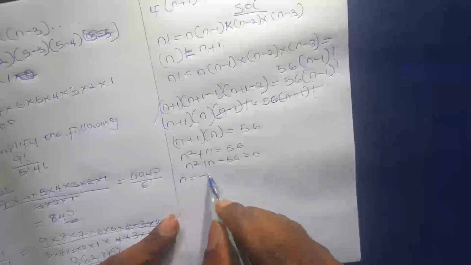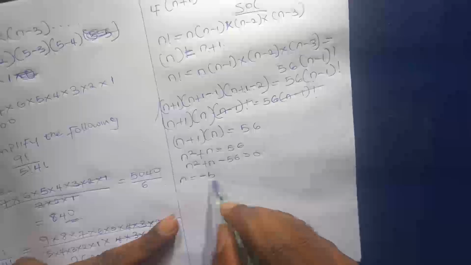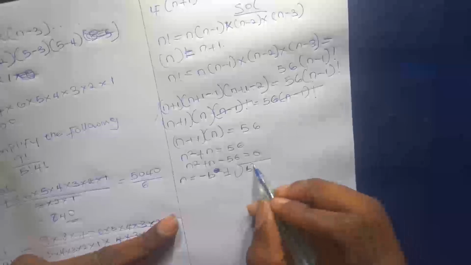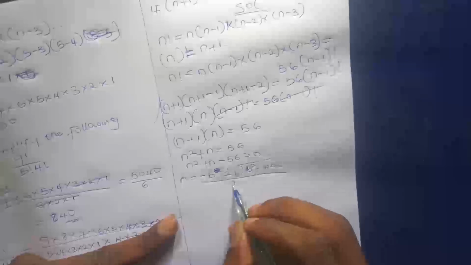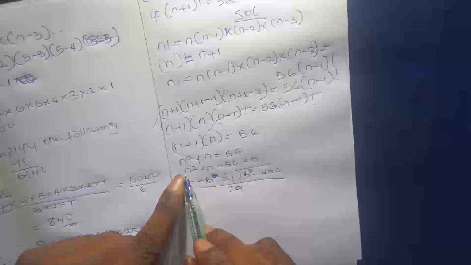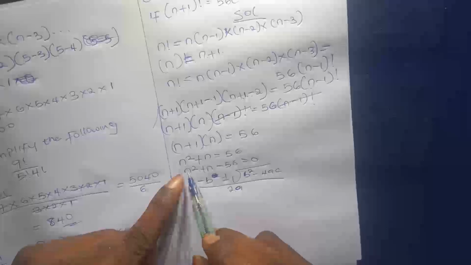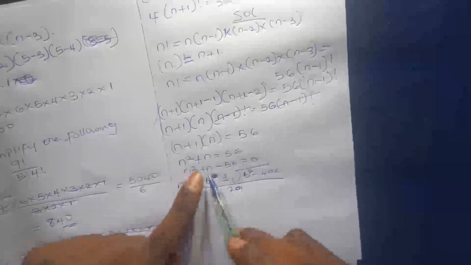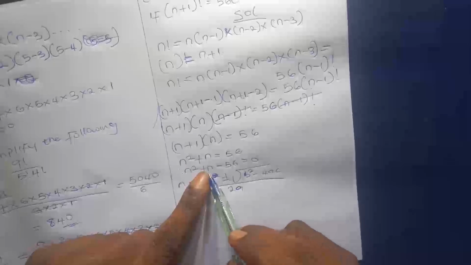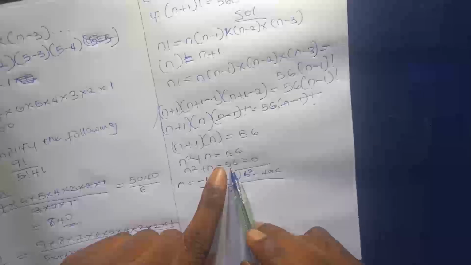So now I'll be using the almighty formula. That will be n equals minus b plus or minus the square root of b squared minus 4ac, all over 2a. For the formula, you know that the coefficient of n squared is our a, the coefficient of n is our b, and this will be our c.